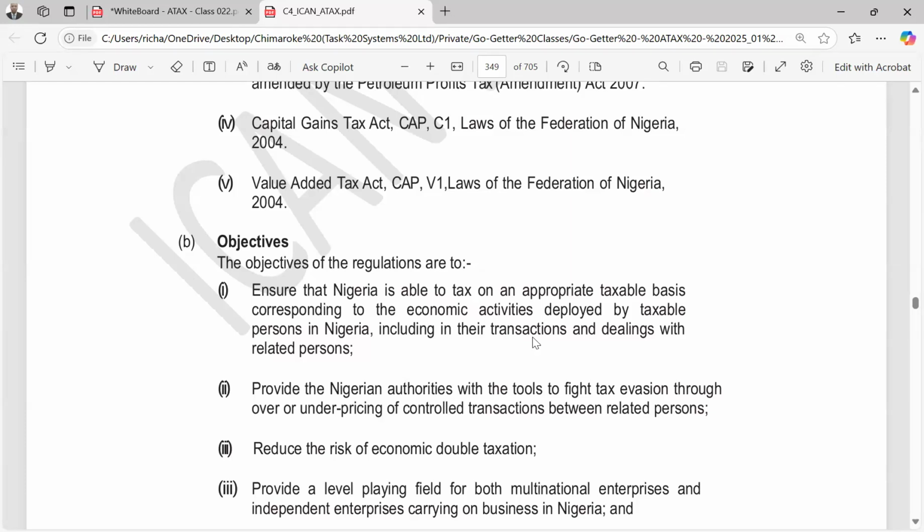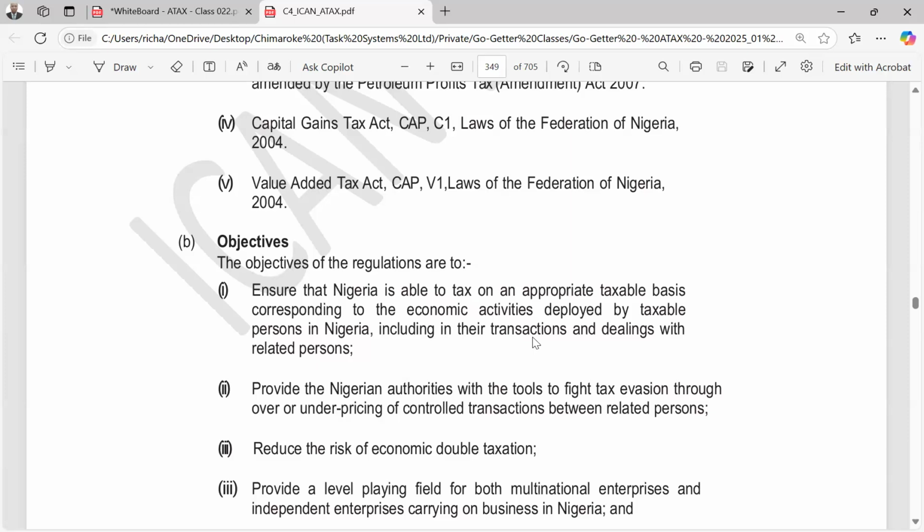So it means that Nigeria should be able to tax appropriately. It means that Nigeria should not be so disadvantaged because of being in a disadvantaged tax jurisdiction. So the objective of the OECD regulations on transfer pricing is to ensure that Nigeria should tax appropriately those multinationals and their dealings with related parties in Nigeria.